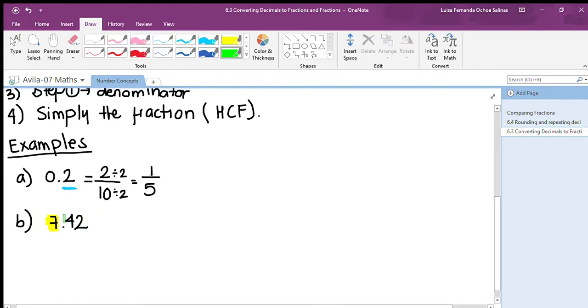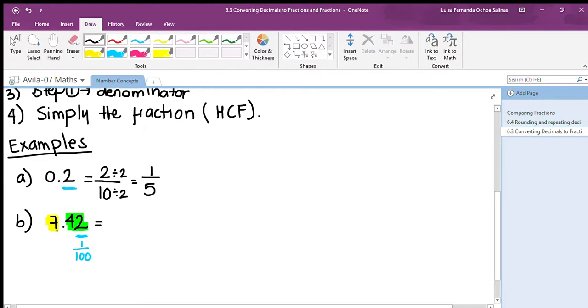Okay. So our first step says that we need to identify the place value of the last digit. So what is this place value? I know that this place value is hundredths.